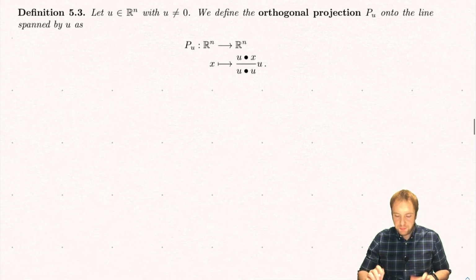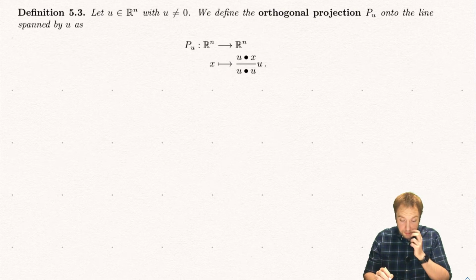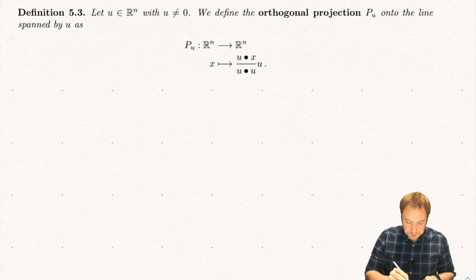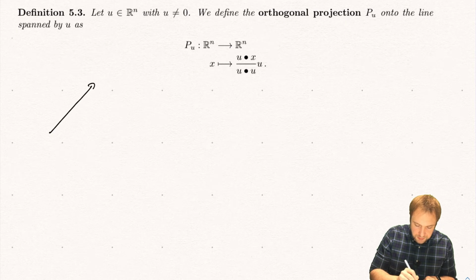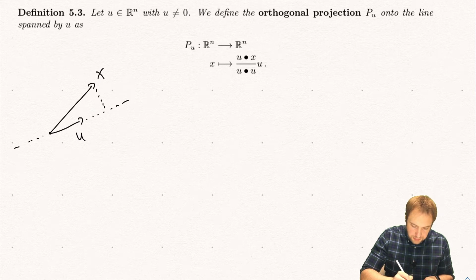And why does this satisfy the condition we wanted to have? So first, let's say I have u here. This is the line spanned by u, and here I have x. Then we want that this is actually our pu of x.